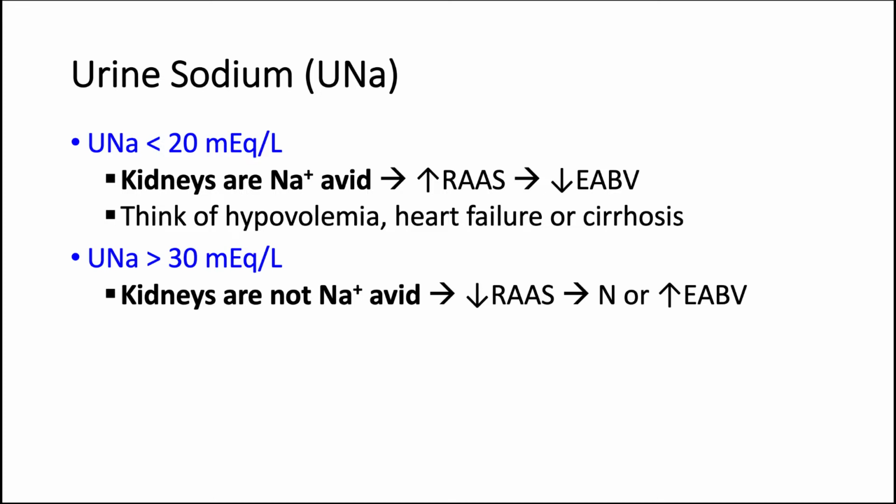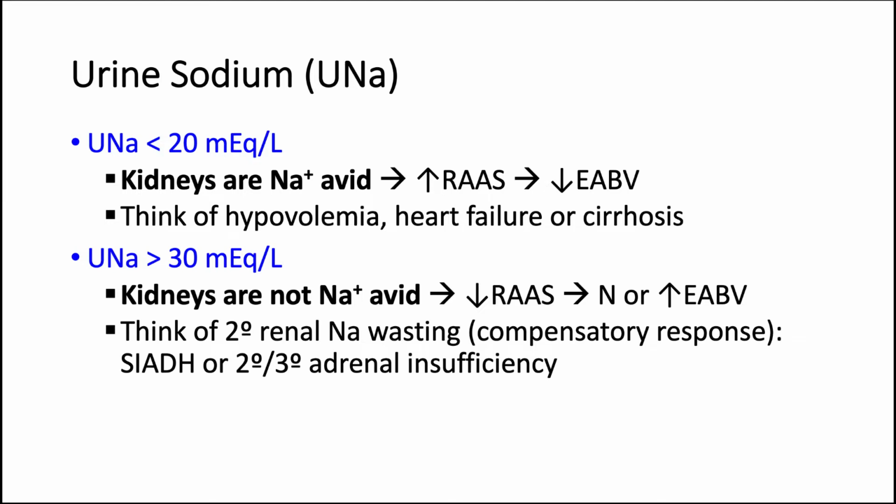So when that happens, you have to think of conditions that cause secondary renal sodium wasting, which is basically a compensatory response that occurs because of volume expansion. And what are those two conditions that you need to think about in this case?